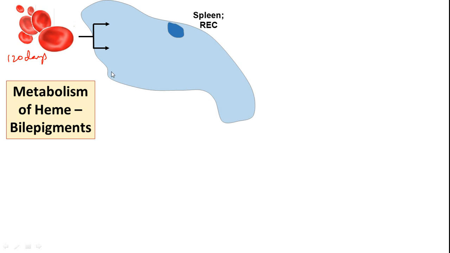But here RBC carry a special molecule, we call it as hemoglobin. So hemoglobin means heme is a non-protein part and globin is nothing but a protein. So both will be separated. So globin will enter into protein metabolism and heme ring will be separated.